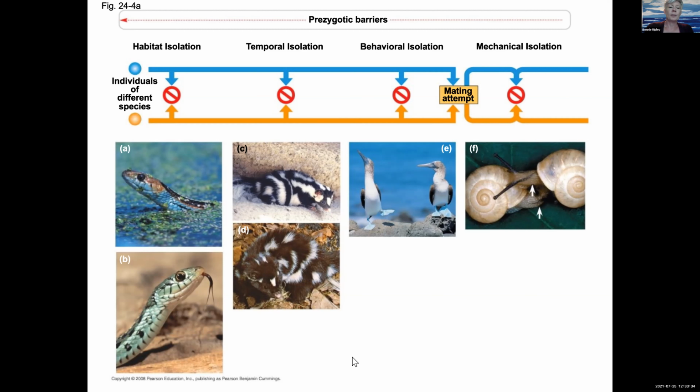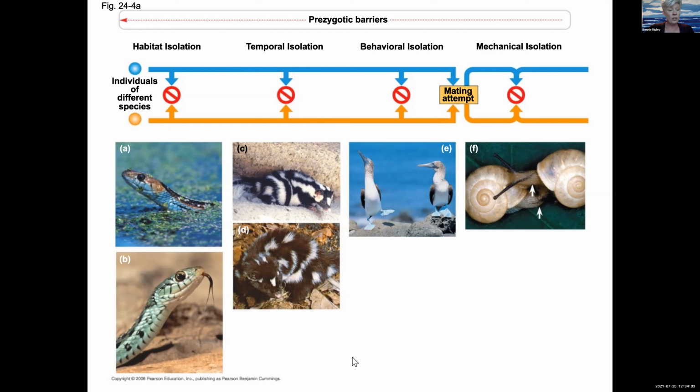All right, we're going to divide our species isolating mechanisms into pre-zygotic and post-zygotic, right? What's the zygote? The zygote is the fertilized egg, right? So pre-zygotic barriers are going to try and prevent mating from happening. They're going to try and prevent sperm and egg from fusing.